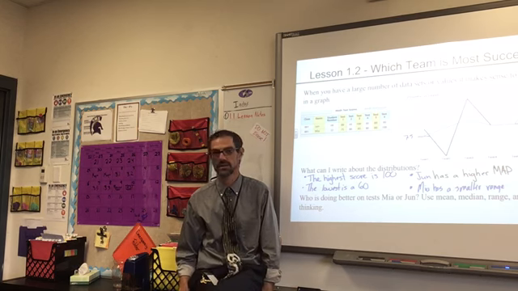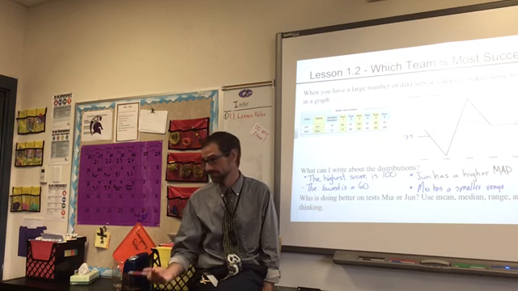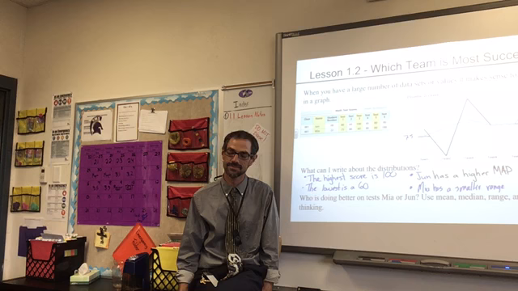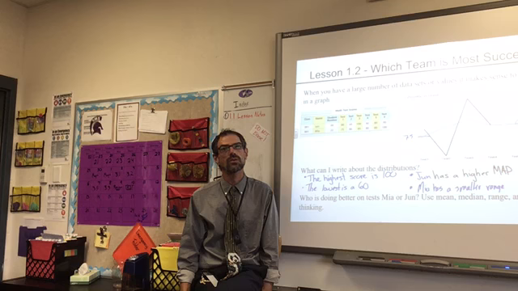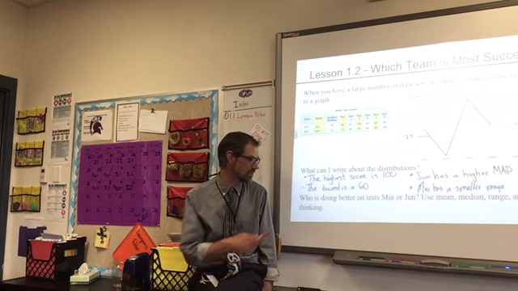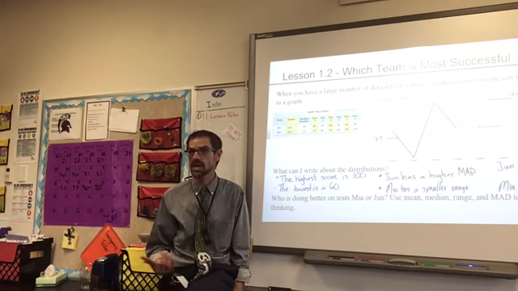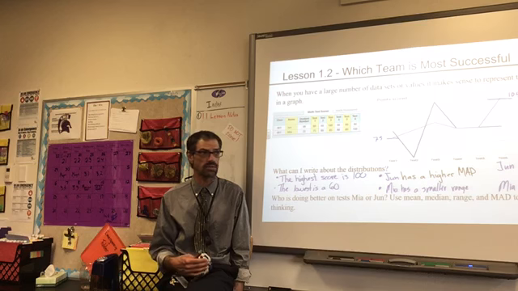Are they smart or not smart if they're getting F's and A pluses? What do you say academically? I'm saying the rate is higher. So who's doing better on tests? I would definitely say Mia's doing better on tests.